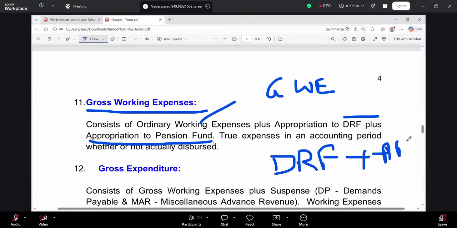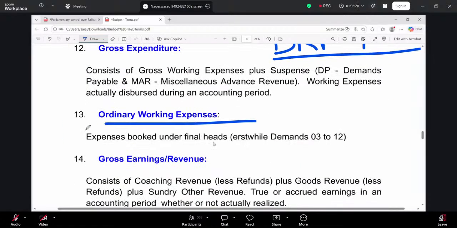If these two items are added to ordinary working expense, it becomes gross working expenses. These two terms are only for the calculation of operating ratio. Operating ratio purpose only. Okay. Yeah. Here ordinary working sometimes we will take 13 also. Actually we will take 13. I will correct it.